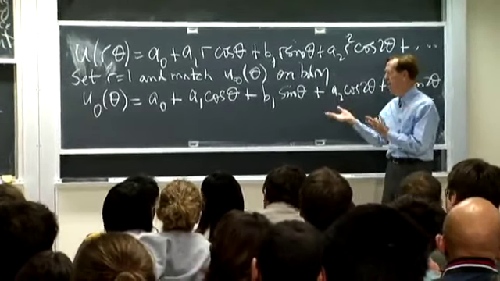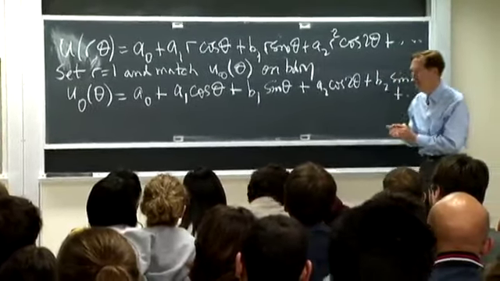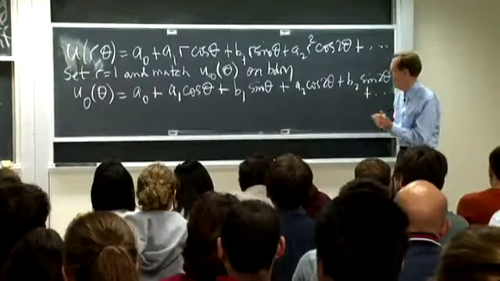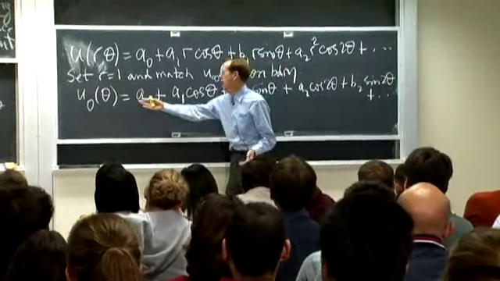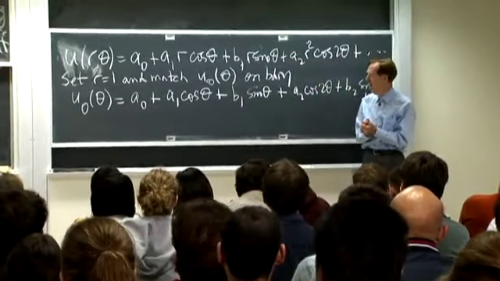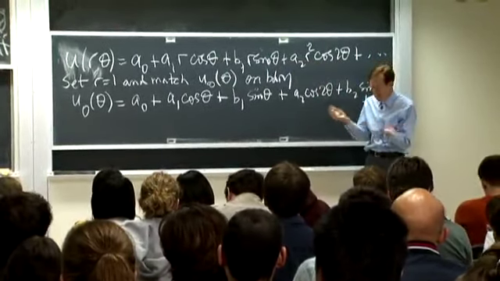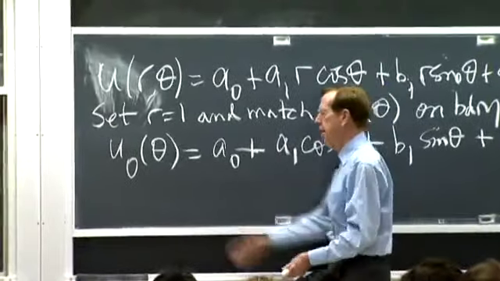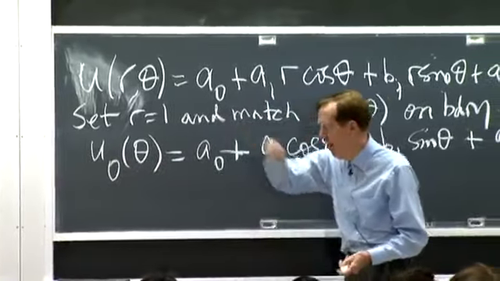Now, this is really a lead-in to the last part of this course. Do you know whose name is associated with a series like that? Fourier. You recognize that as what's called a Fourier series. So the idea is I'm given these boundary values.